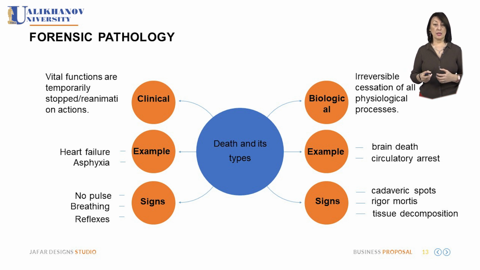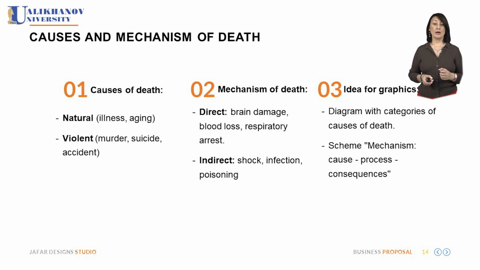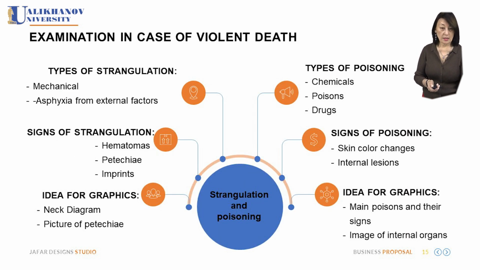In biological death, there is irreversible cessation of all physiological processes, brain death and circulatory arrest, and signs such as cadaveric spots and rigor mortis in tissues.